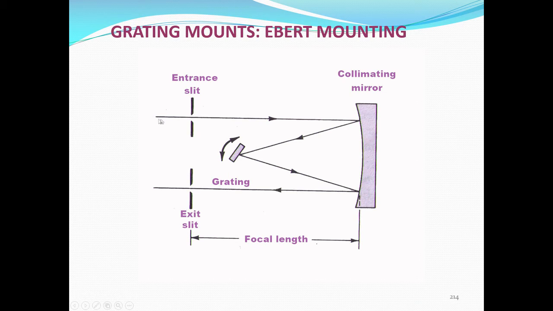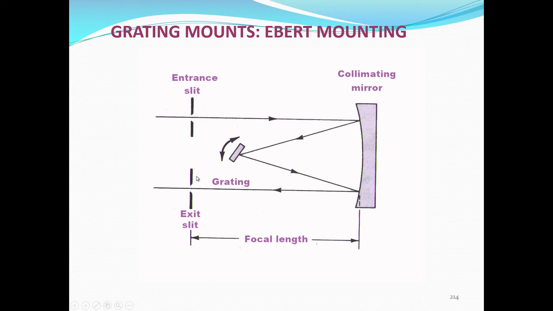The entrance radiation comes from the slit, falls on a collimating mirror, the reflected light is collected on a grating or a prism, and then again it is collected on the same mirror, and once it comes out, the exit slit will be organized like this. Both the entrance slit and exit slit are placed at the focal length of the collimating mirror.